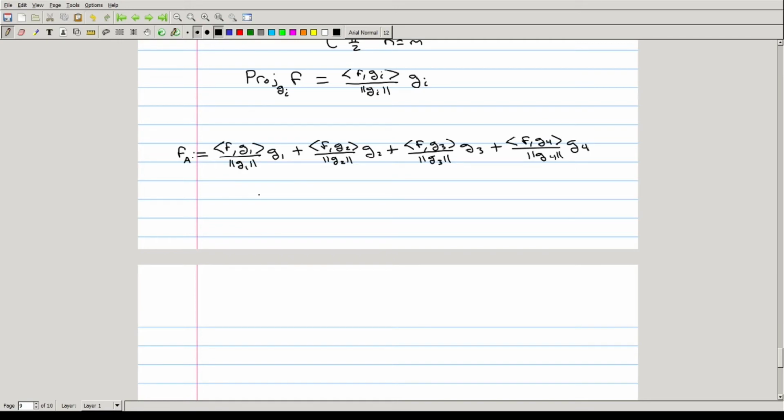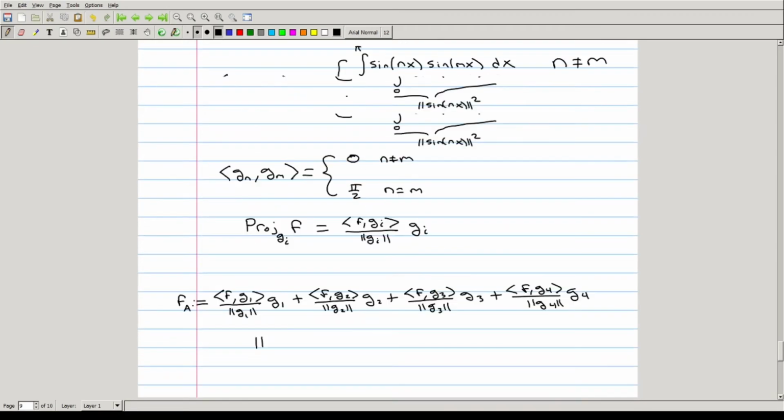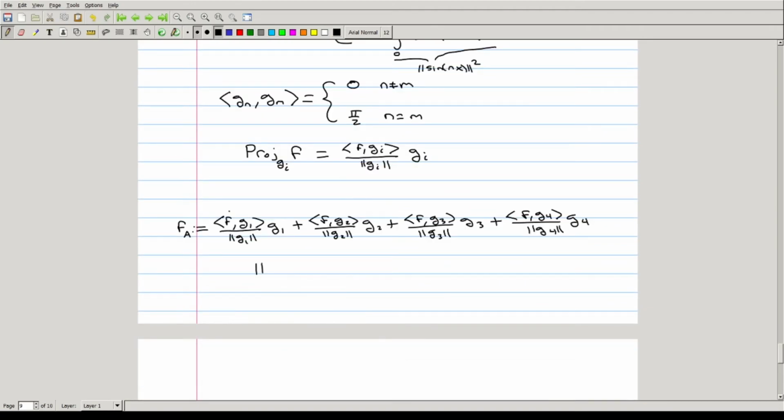And for each one of these norms, we know what it's going to be. Oh, and these should all be squared as well.